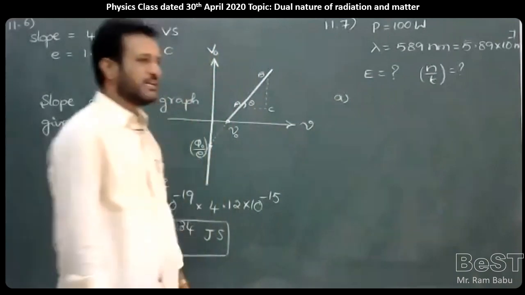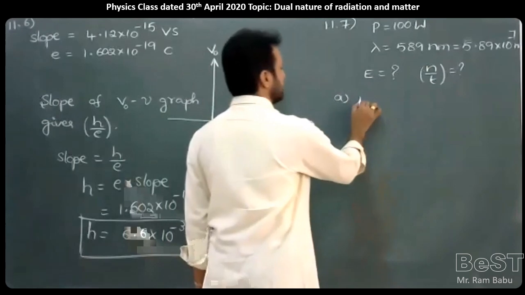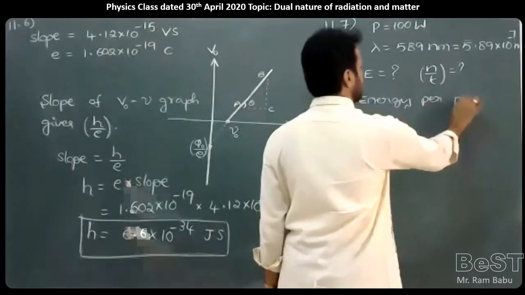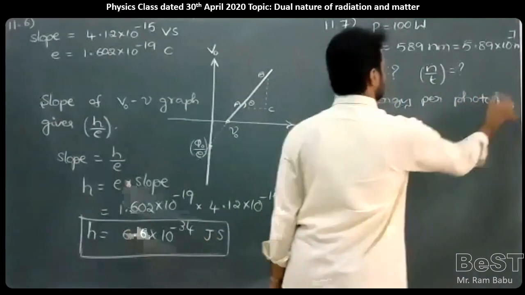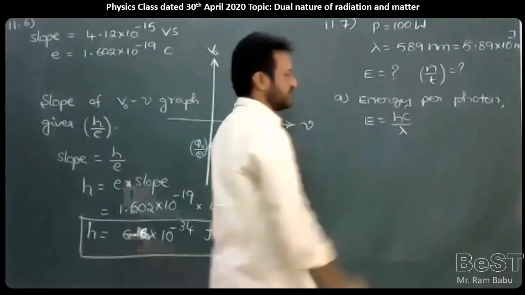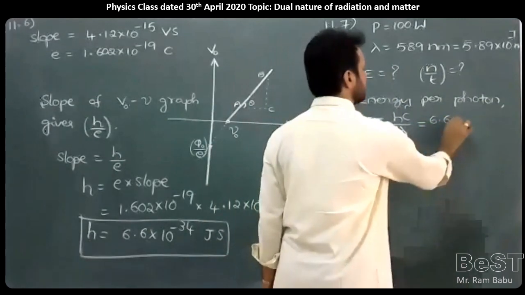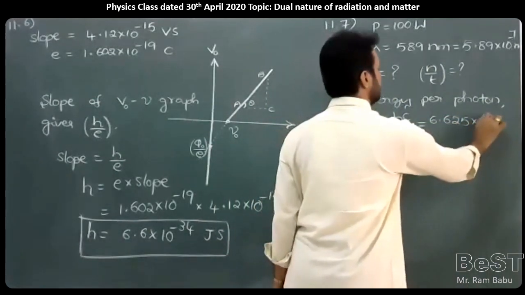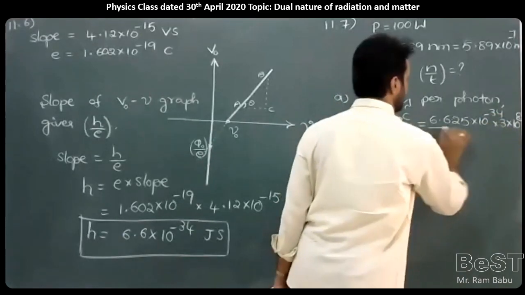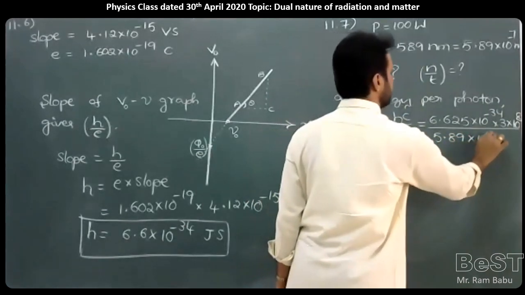First one, A. We know energy formula, energy per photon, E is equal to hc by lambda. Substitute the values here. h is Planck's constant 6.625 into 10 power minus 34, into speed of light 3 into 10 power 8, by wavelength 5.89 into 10 power minus 7.